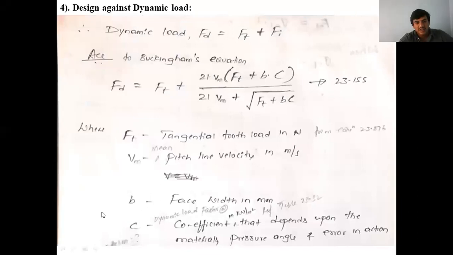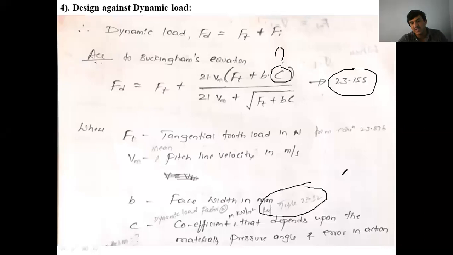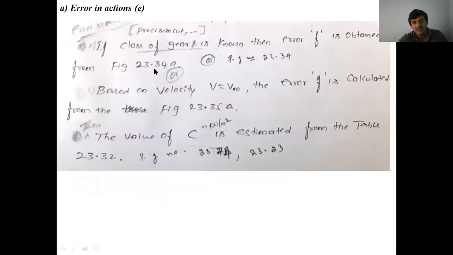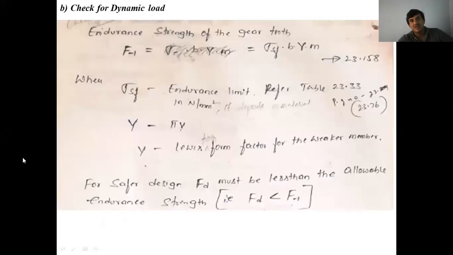By referring to equation 23.155, in which the dynamic load factor C is unknown. You calculate it by referring to table 23.32, in which error F is unknown. To calculate error F, we refer to 23.34A, the class of gear, or else use the mean pitch line velocity. That completes 4 steps.